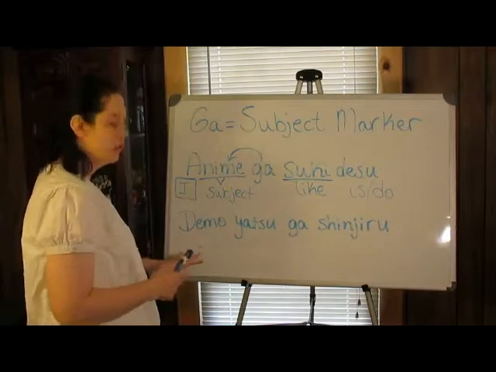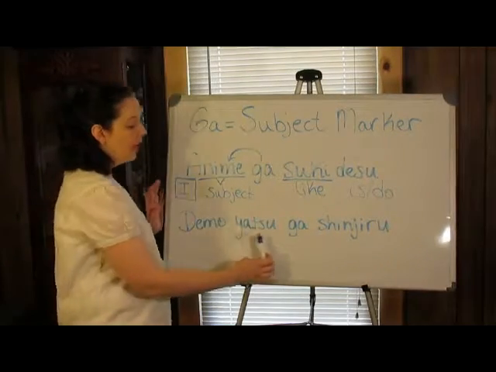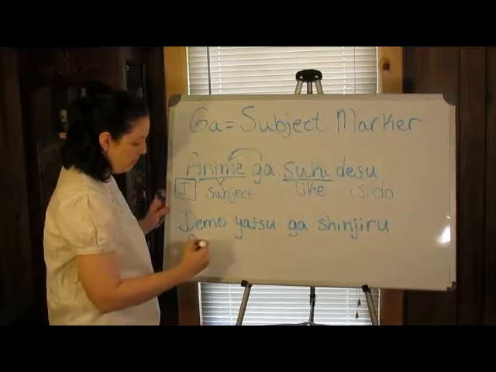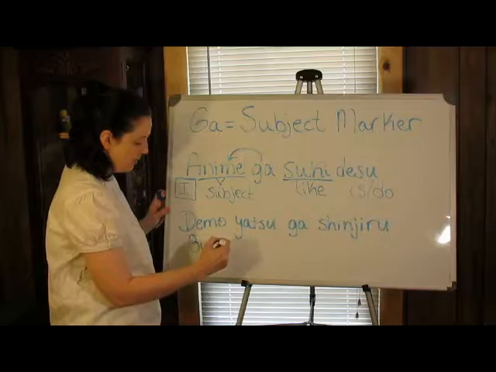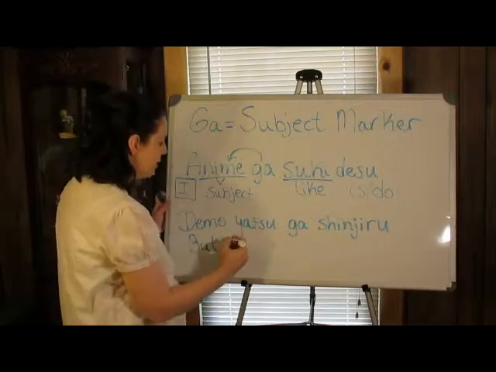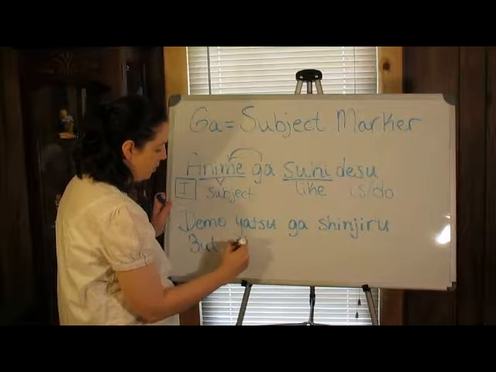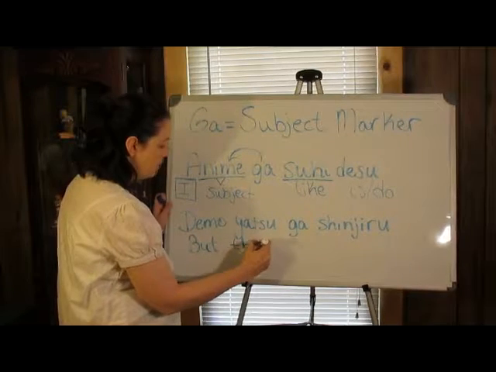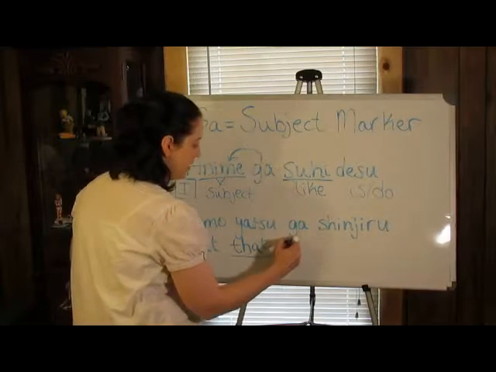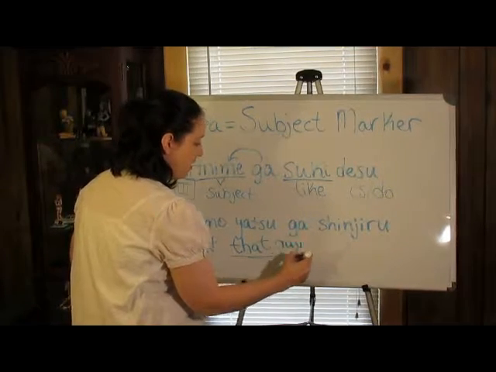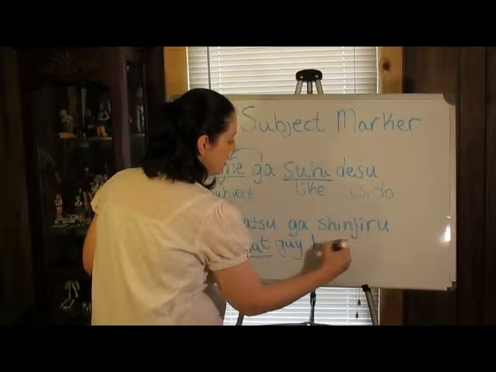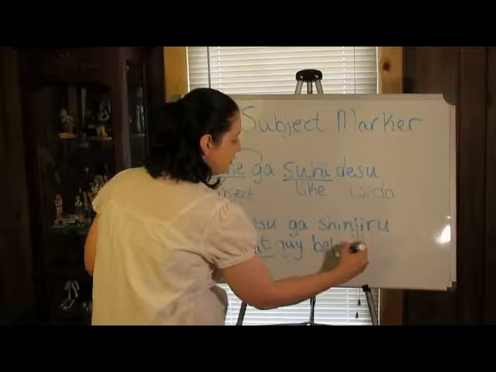Let's look at the other sentence. Demo yatsu ga shinjiru. Demo means but. Yatsu means that specific guy. So to emphasize that we mean a specific one, I'm just going to underline that. That guy, and then this would be believes.